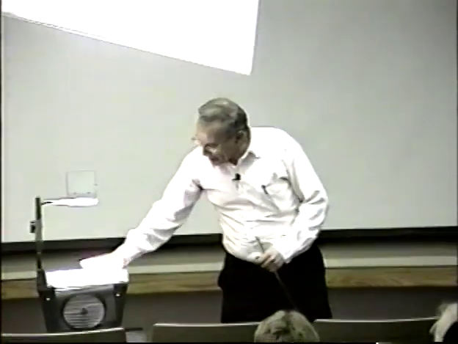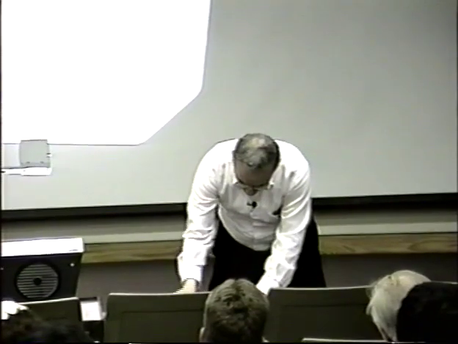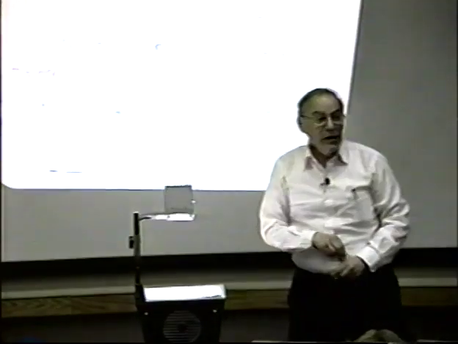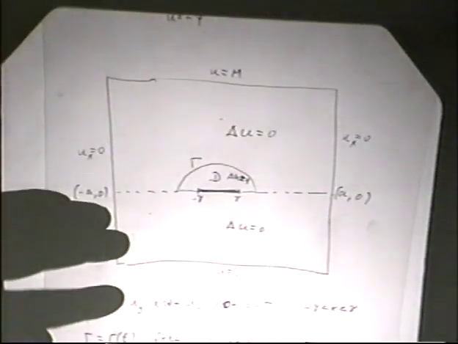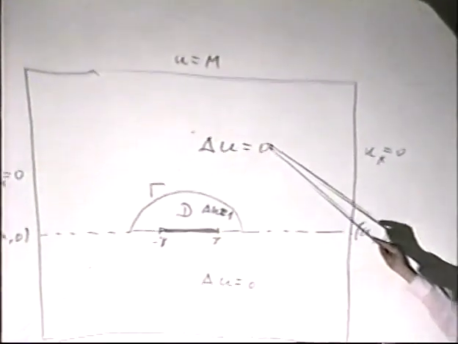So now here is a mathematical problem. I take u equal to minus phi. So this is a Laplacian. There is no charge here, so Laplacian u is 0 here.